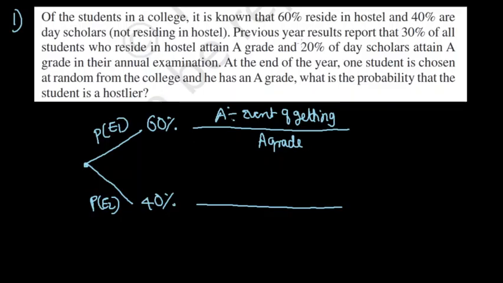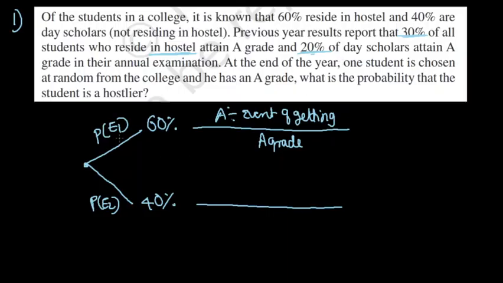So what is given? 30% of hostlers attain A grade, and 20% of day scholars attain A grade in their annual exam.